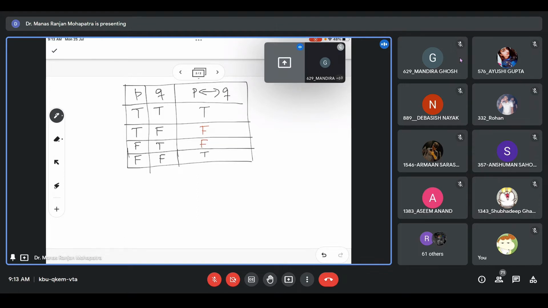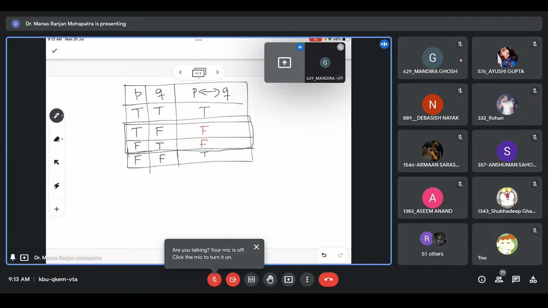The biconditional, if you compare this with the exclusive OR, if you look at the truth table of exclusive OR, it's exactly opposite of the truth table of exclusive OR. The exclusive OR said that when exactly one of the statements is true, then the truth value is true, and in all other cases it was false.